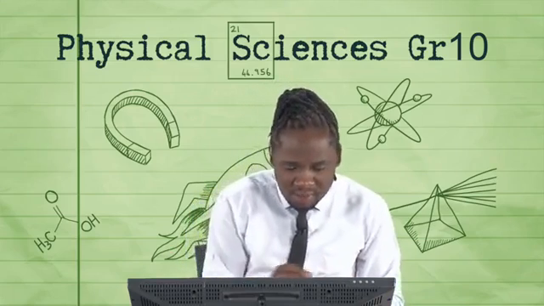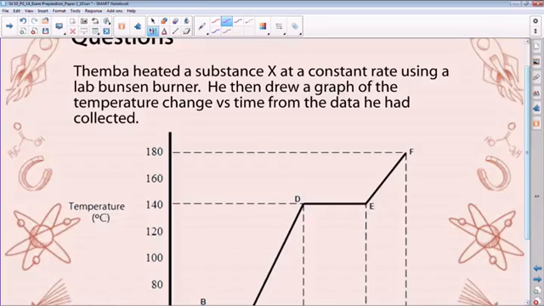It says here, Timber heated substance X. We don't know the identity of substance X. He heated it at a constant rate, meaning that whatever heat source was used, it supplied the same amount of heat over a period of time using a lab Bunsen burner. So the Bunsen burner becomes a piece of apparatus that is used. He then drew a graph of temperature versus time for the data he had collected.